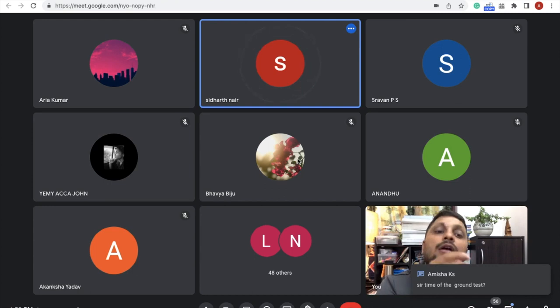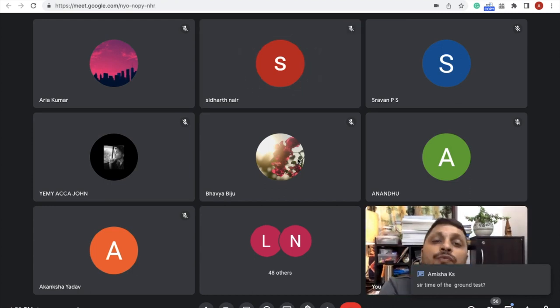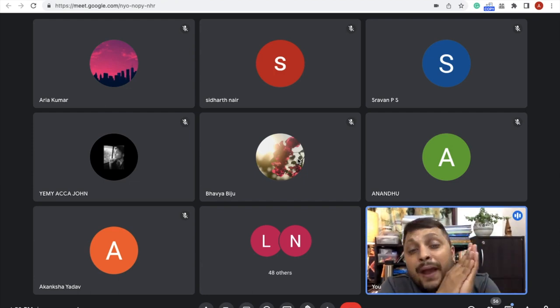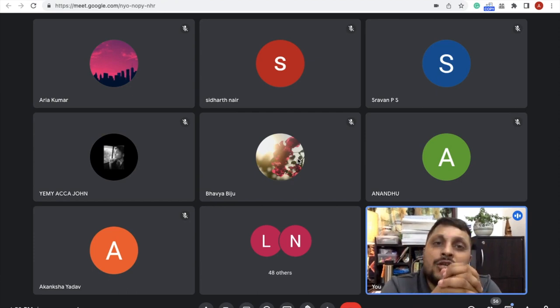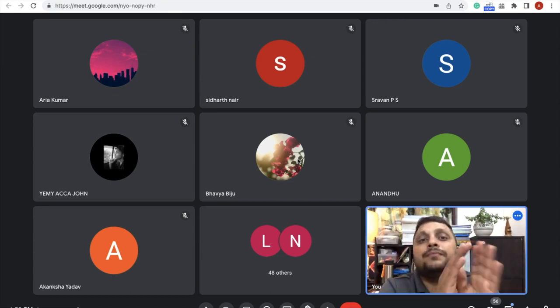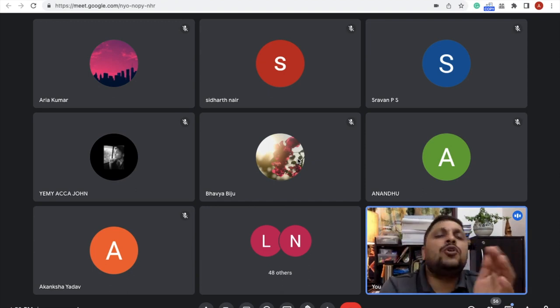Amisha, the test will be open tomorrow morning. It will remain open the whole day. It is expected that you take the test between 10 and 2. If not, you can take it at another time as well, no problem. But the expectation is that it should be taken between 10 and 2 or 9 and 2.